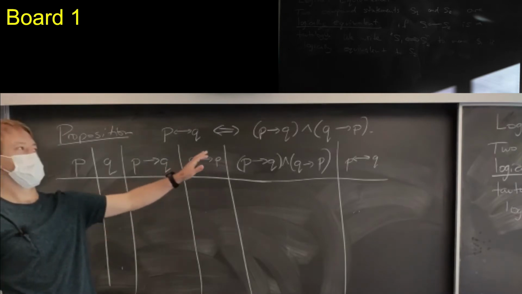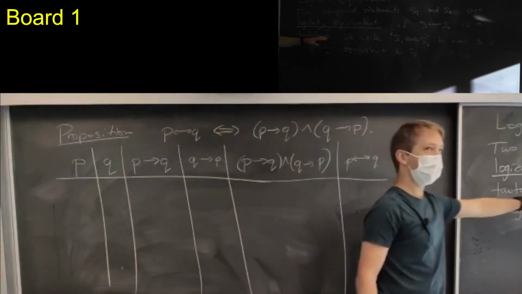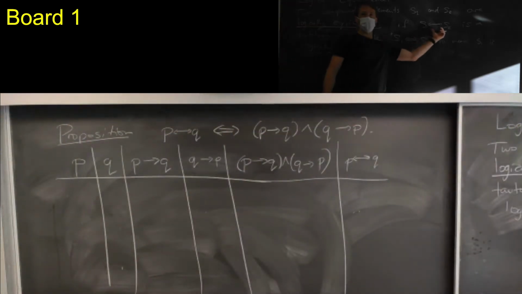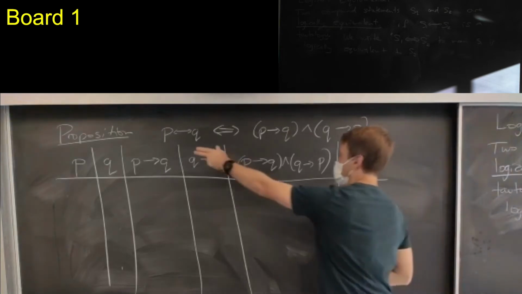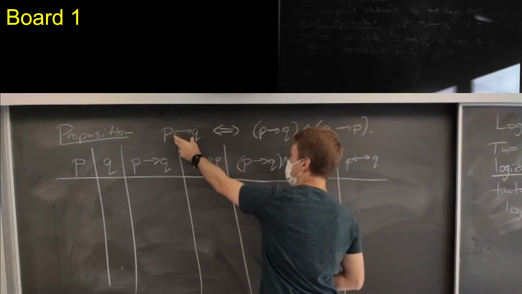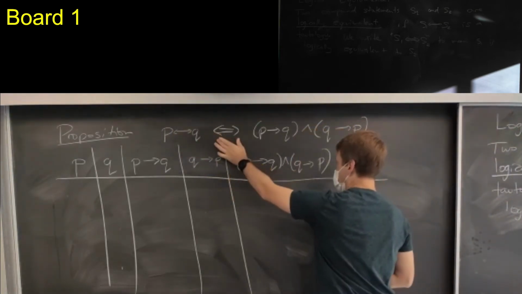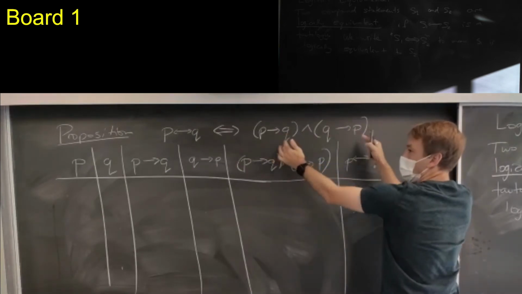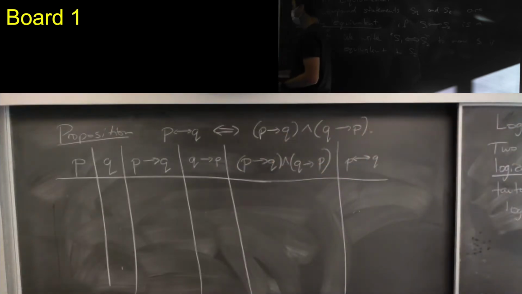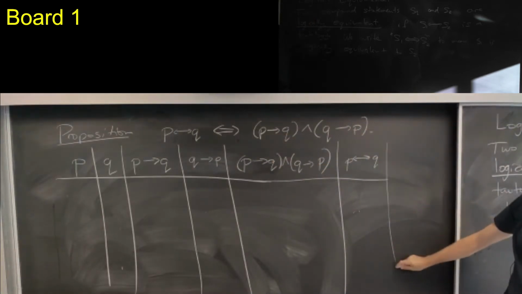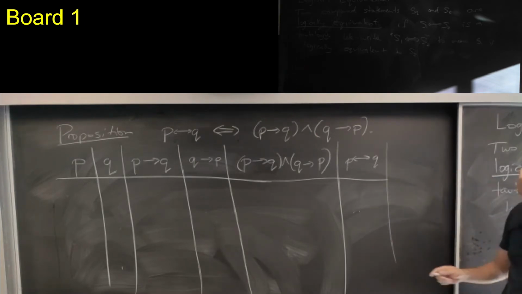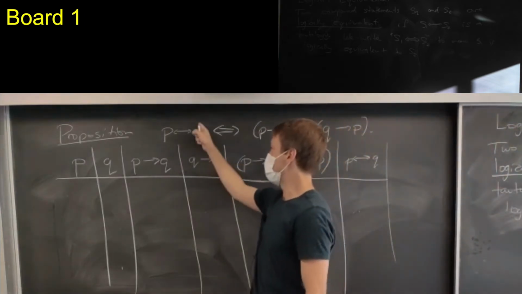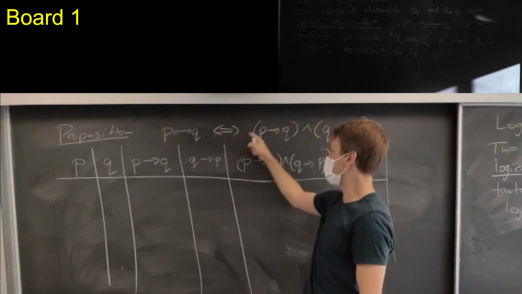Okay, if we go back to the definition, I want to show that this thing, P if and only if Q, if and only if this stuff, is a tautology. So it seems like I probably want another column, which is this thing if and only if this stuff.